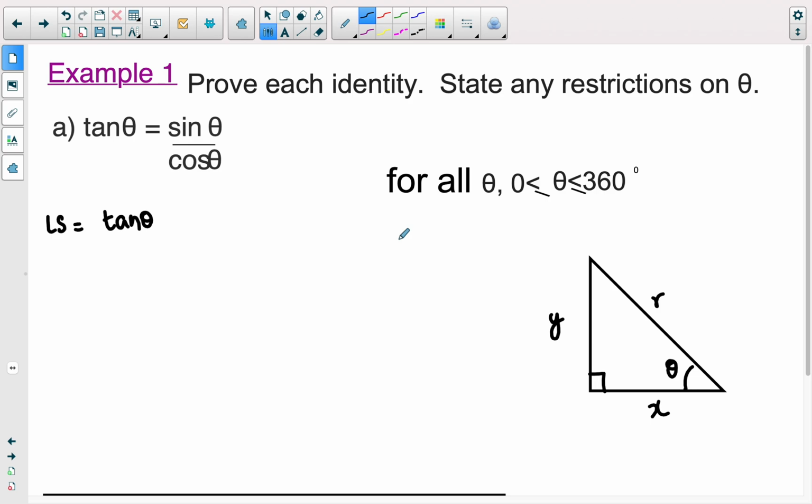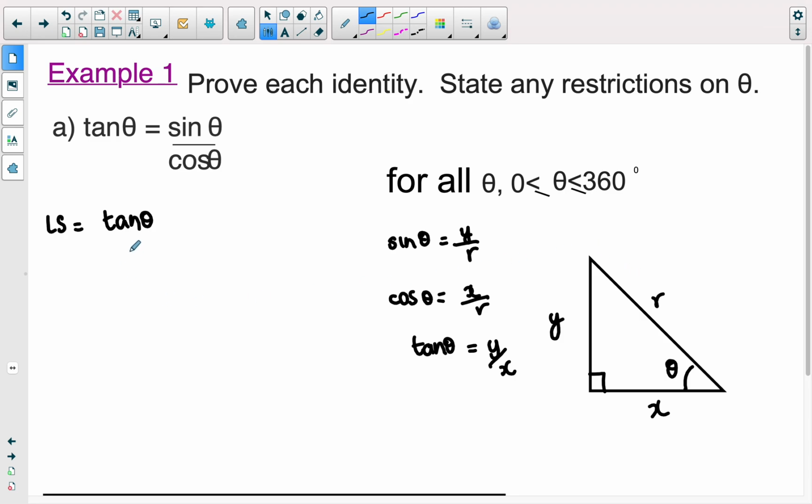Looking at this diagram, what are our values for sine theta, cos theta, and tan theta? Well, sine theta is y over r, cos theta is x over r, and tan theta is y over x.